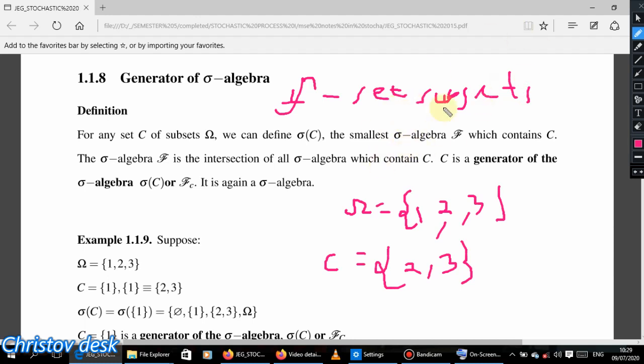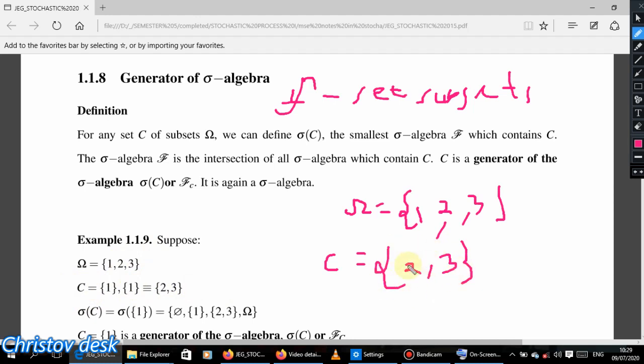So that's basically what a sigma algebra is. Remember that there is this omega. Look at this example: omega is {1, 2, 3}, and we are looking for that C which can generate a sigma algebra. So this is the C.